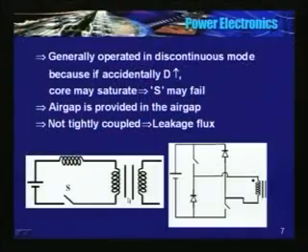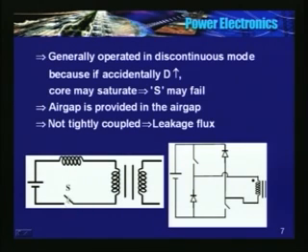See, in this equivalent circuit, I had provided an air gap, the coils are loosely coupled, there is a leakage flux, which always comes in series, and this is the magnetizing branch, or this could be considered as an ideal transformer with the magnetizing branch.